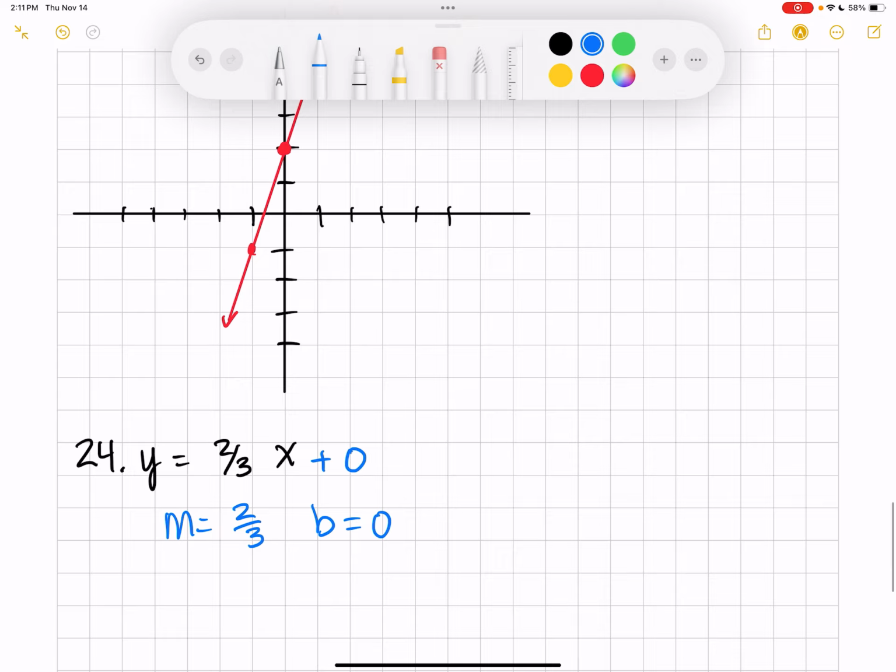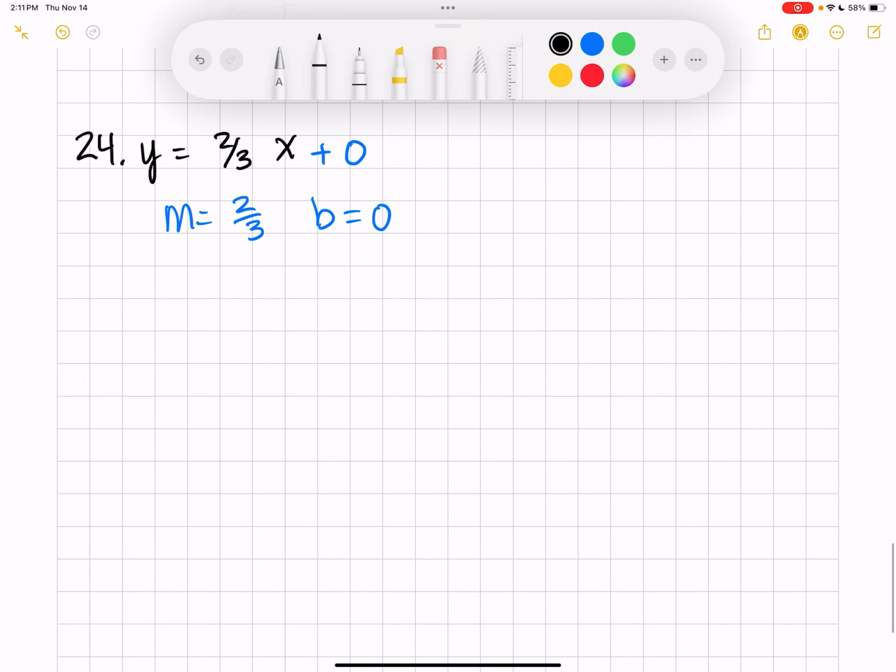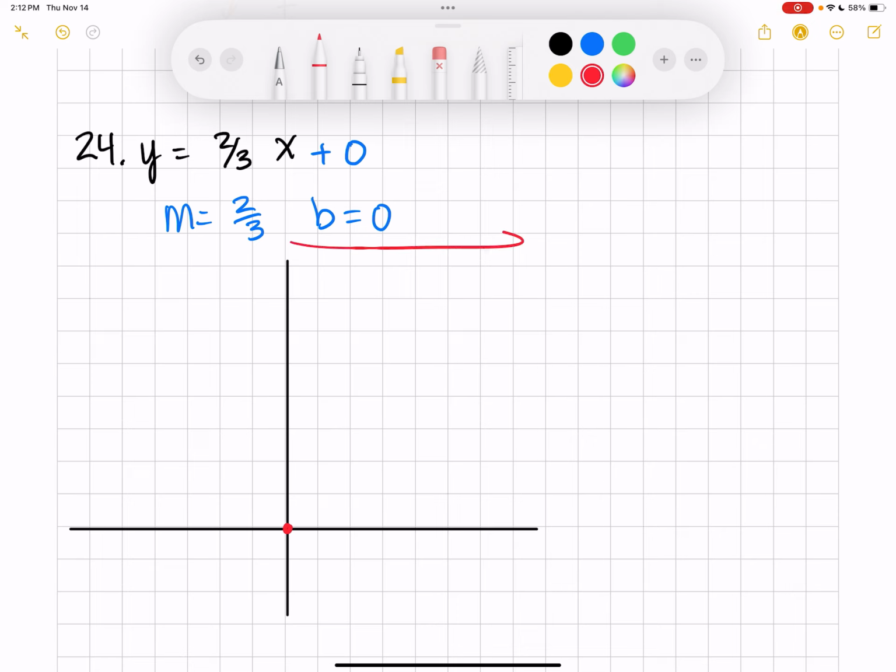So I'm going to set up my graph. I have an intercept of 0, so right here at the origin, I put a point, because on the y, that's 0. Now, a slope of 2/3 tells me that I'm going to go up 2, right 3.